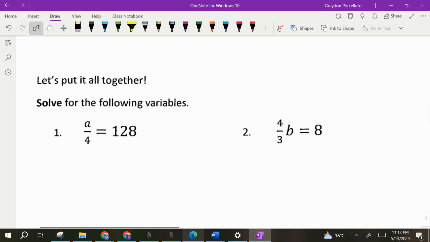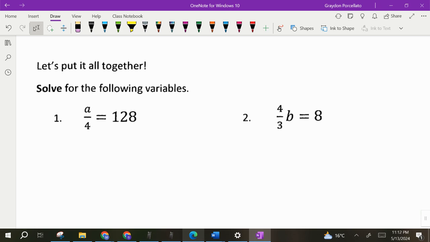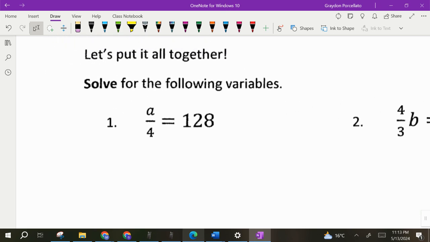So what we're going to do here is we are going to solve for the following variables. Okay? So let's do the first one. Now, what I'm going to do here is I'm going to show you a little bit of a different strategy that maybe we haven't done before.